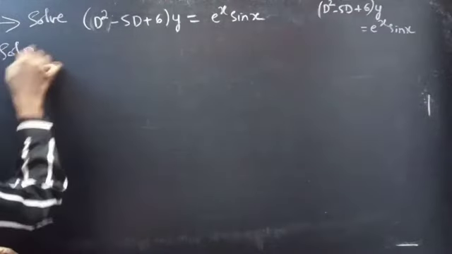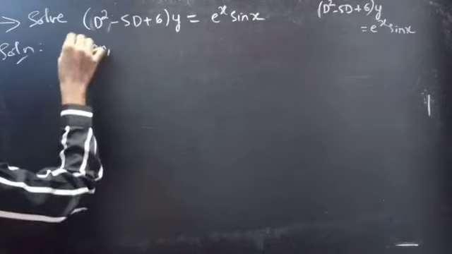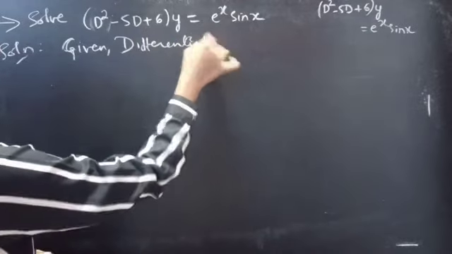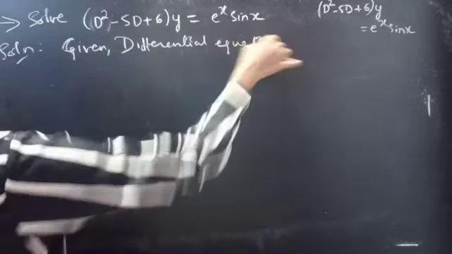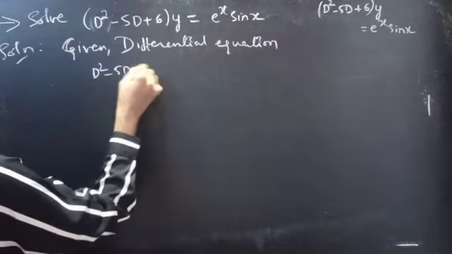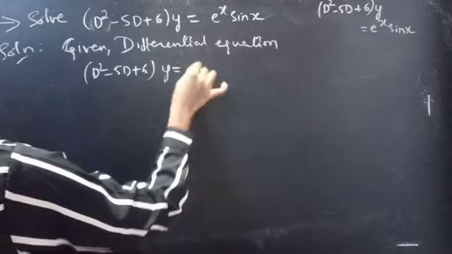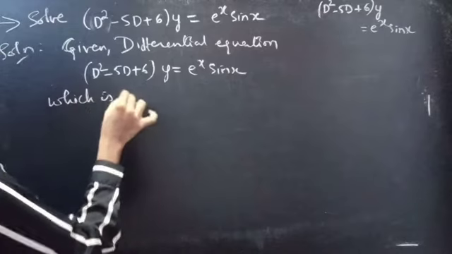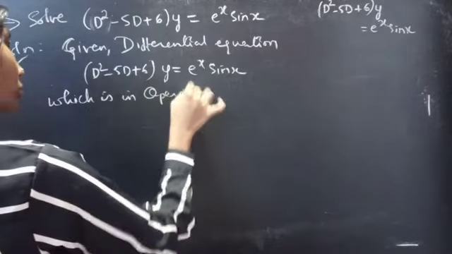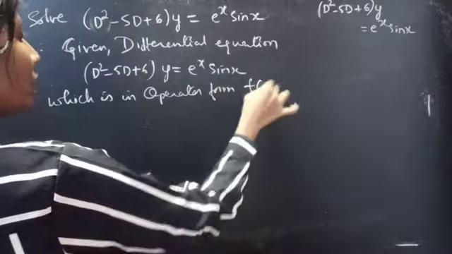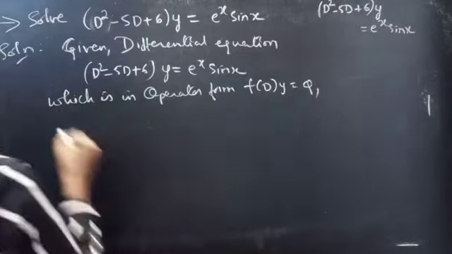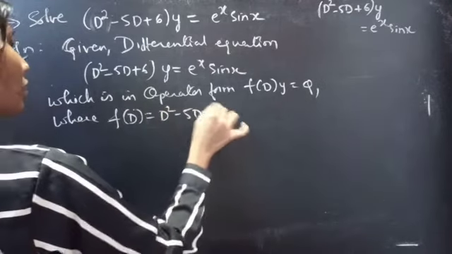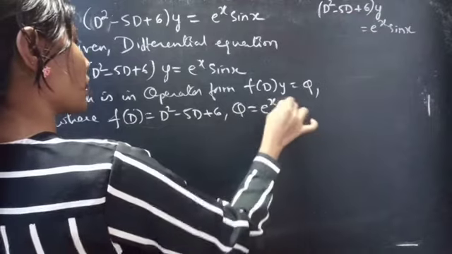Now coming to the problem. Given differential equation, (D² - 5D + 6)y = e^x sin x, which is in operator form F(D)y = Q, where F(D) = D² - 5D + 6 and Q = e^x sin x.